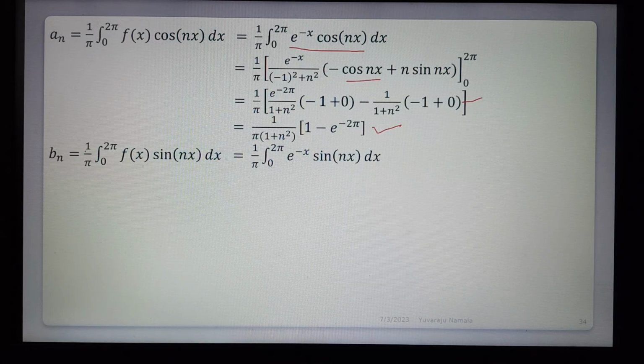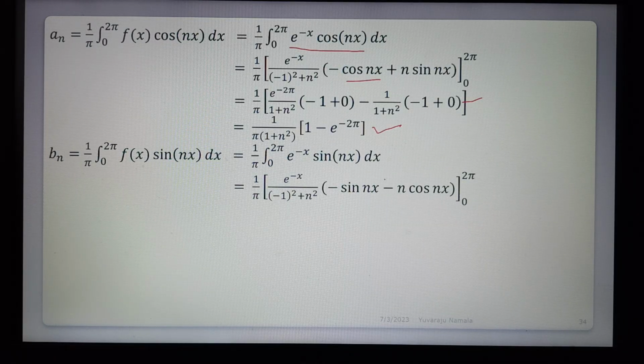Next the bn value. Similarly 1 by pi into 0 to 2 pi f of x sin nx dx is equal to 1 by pi into 0 to 2 pi e power minus x into sin nx dx. So by using the same formula for e power ax into sin bx: e power minus x by minus 1 square plus n square into minus sin nx minus n cos nx, limits 0 to 2 pi, 1 by pi into e power minus 2 pi.